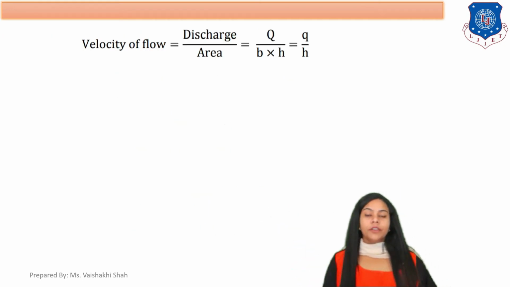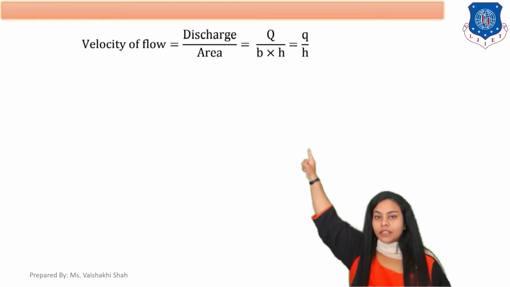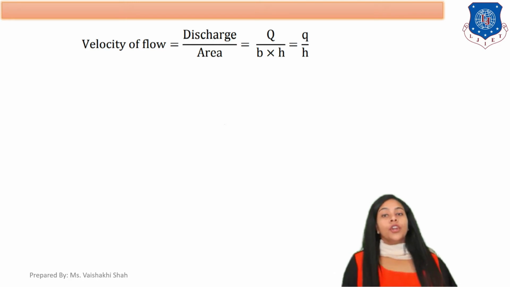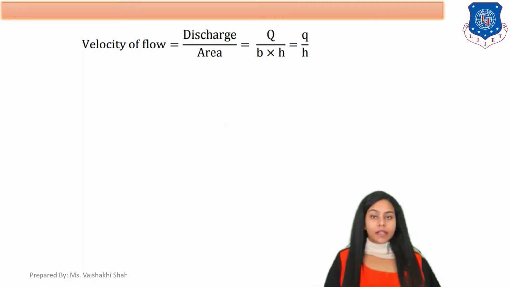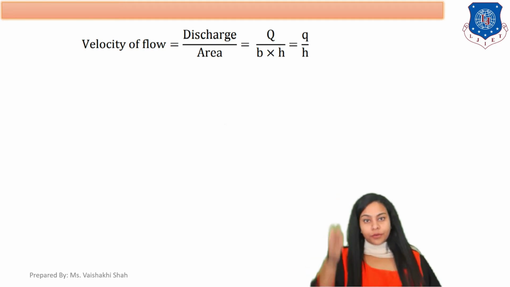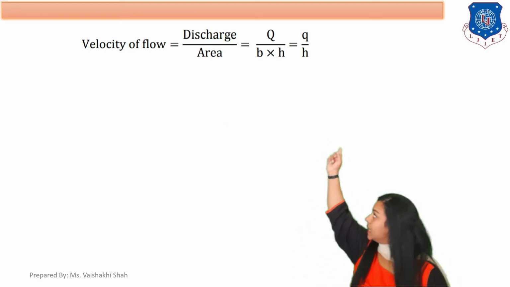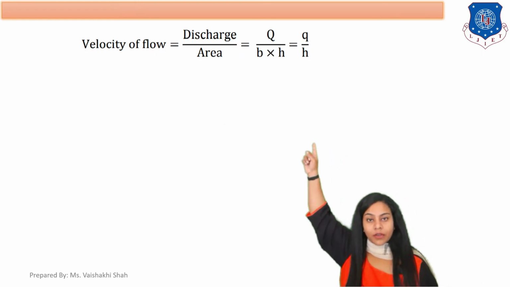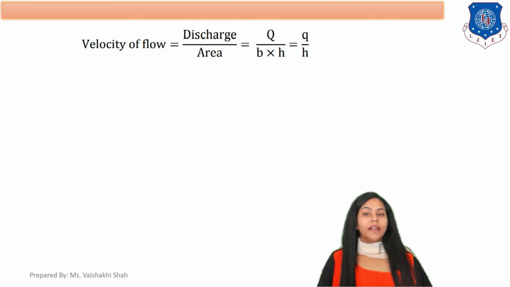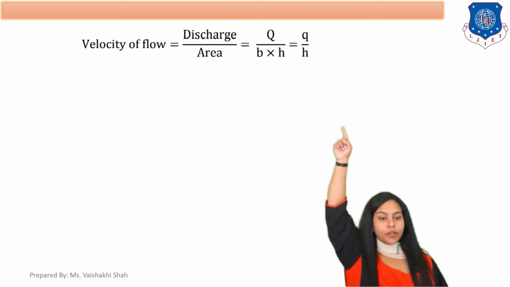Now we know the equation for velocity. Velocity equals discharge upon area. The total discharge through the rectangular channel is capital Q, divided by area. The area of a rectangular channel is width into height, so the equation for area is B into H. Now capital Q divided by B is your small q, so that can be replaced by small q by h.